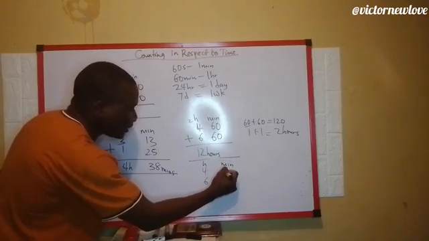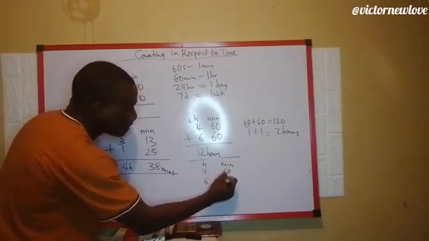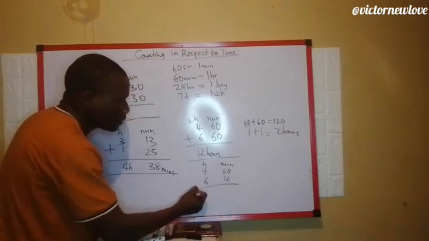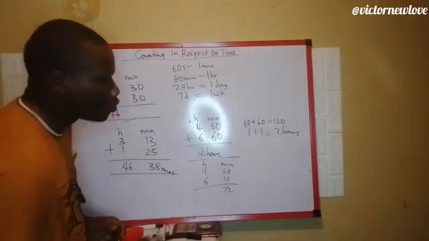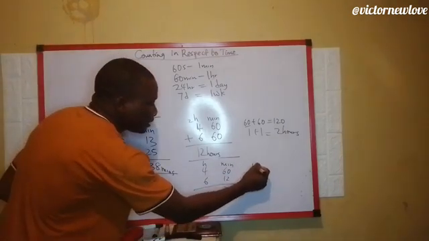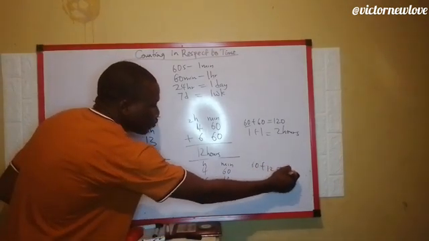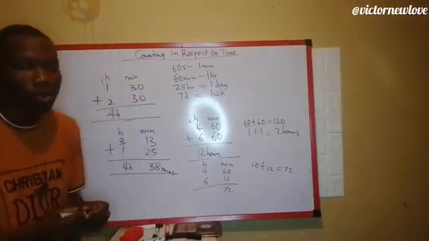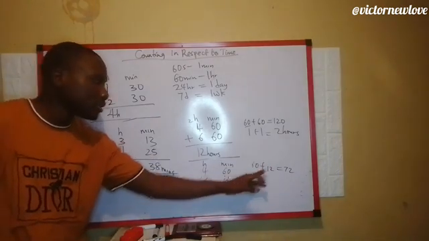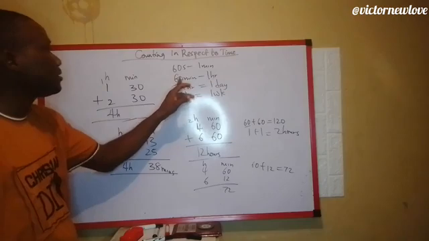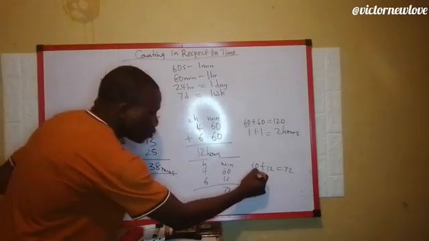Then in a situation like this, you see 4, 6 hours, minutes. Then you have 60. Then you have 12 here. You add it together, you have 72. You don't need to write 72. What you just do is break it down, 60 plus 12, because you are going to use 60 as the startup. Then you add 12 to the number, and this will give us 72. And what's 60? 1 hour.